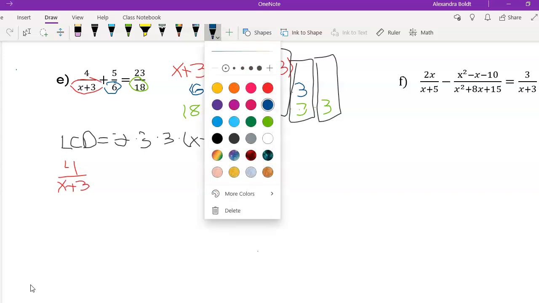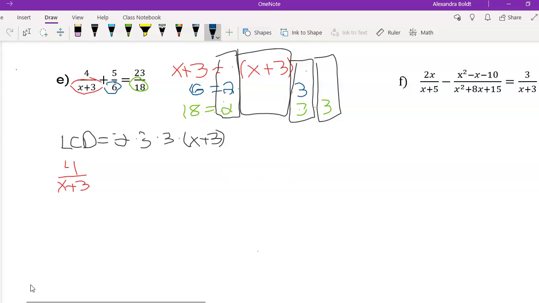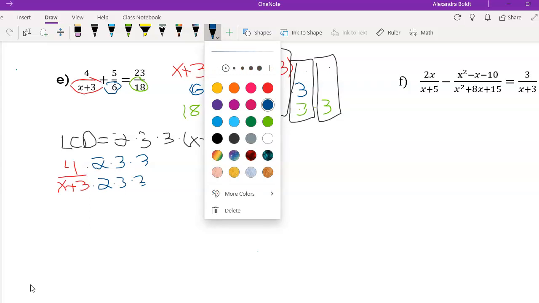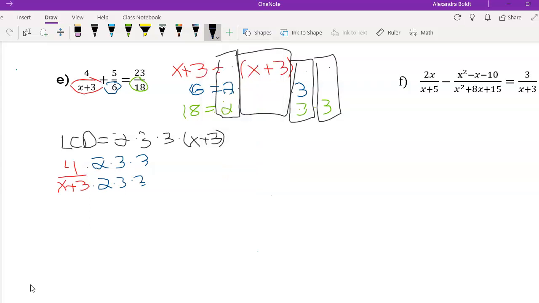And we're missing a 2 and a 3 and another 3, right? So we are left with 4 times 2 is 8, times 3 is 24, times 3 is 72, I believe.